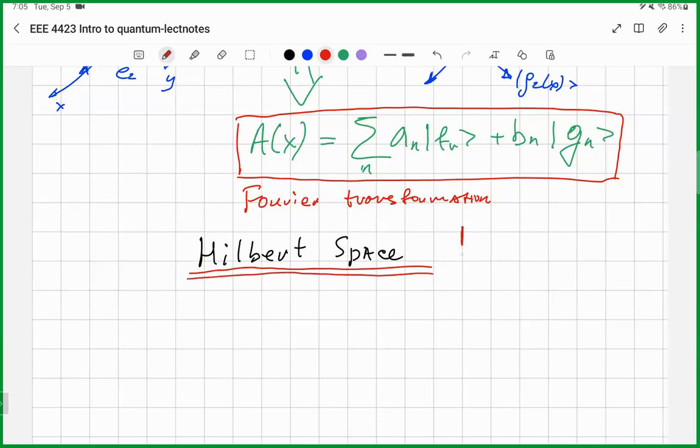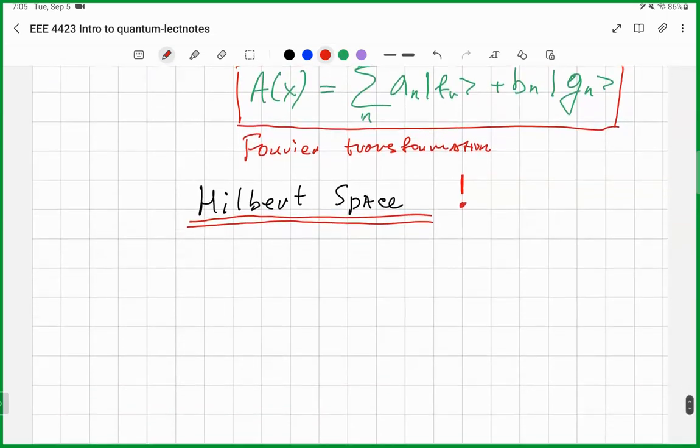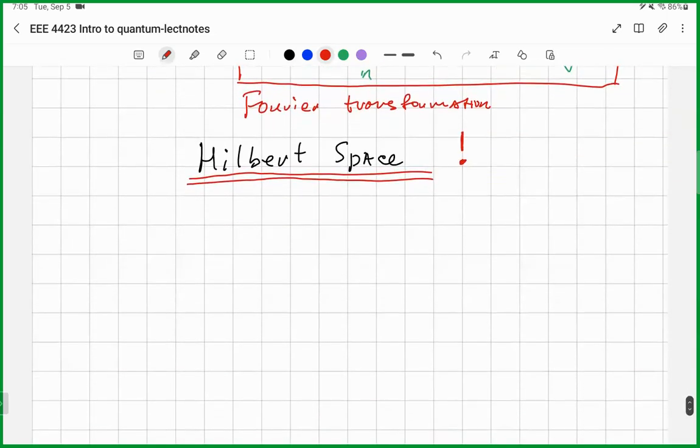And let me put this exclamation mark here. So Hilbert space is the space in which quantum mechanics, quantum computing lives and works, right? So this is basically the main space for us.